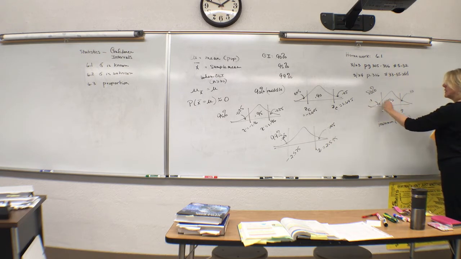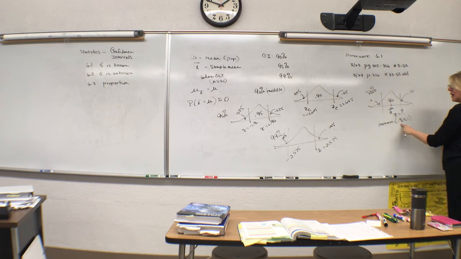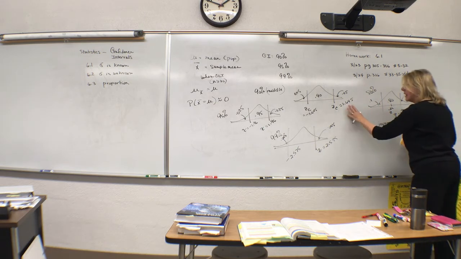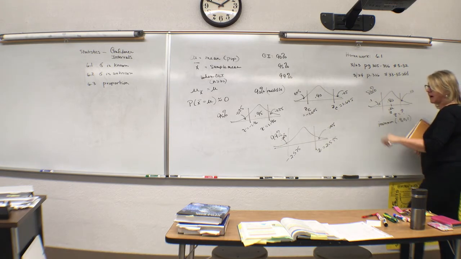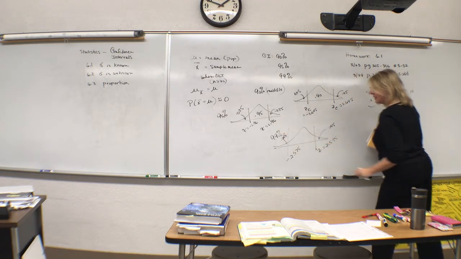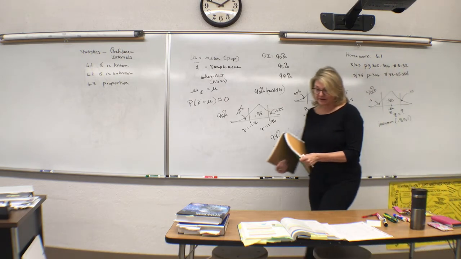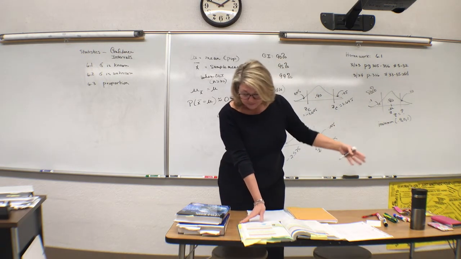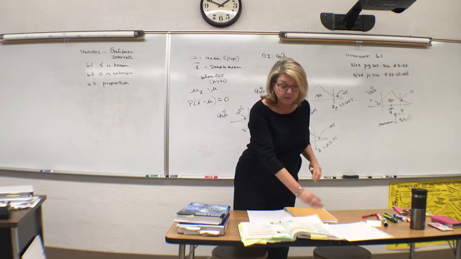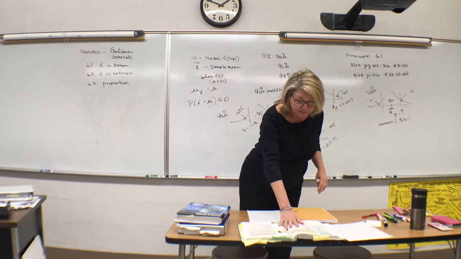So in this case, 0.8 plus 0.1, that's how we know here to use 0.9. But please memorize 90%, 1.645, 95%, 1.96, and 99%, 2.575. You'll notice all of this has been derived for you on the bottom of page 299.